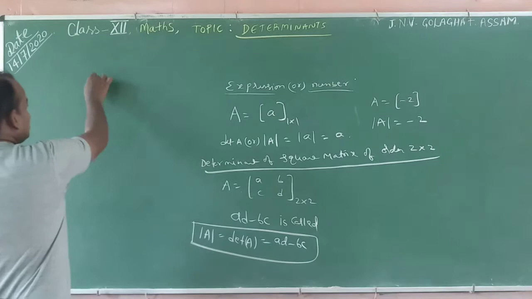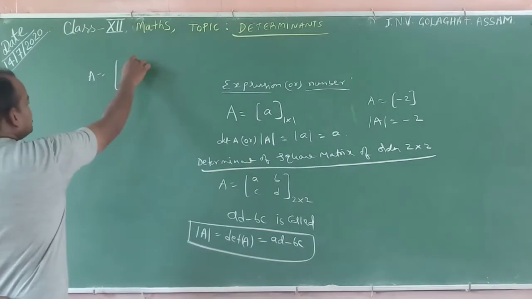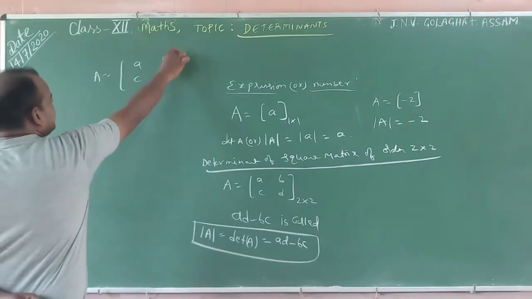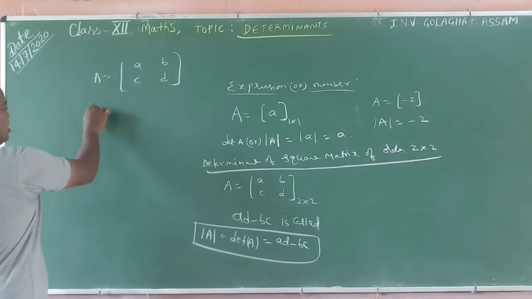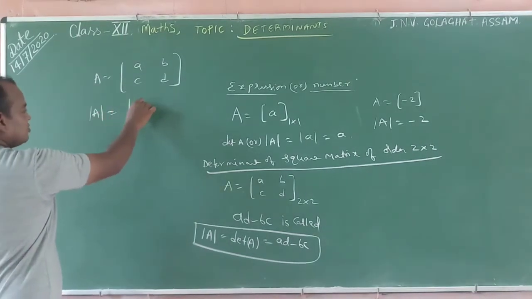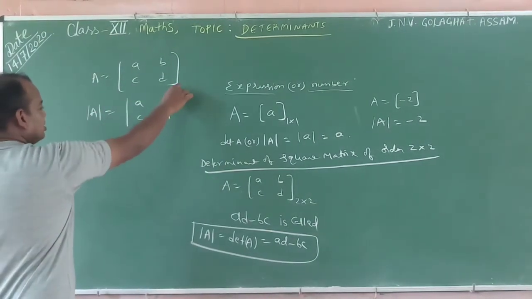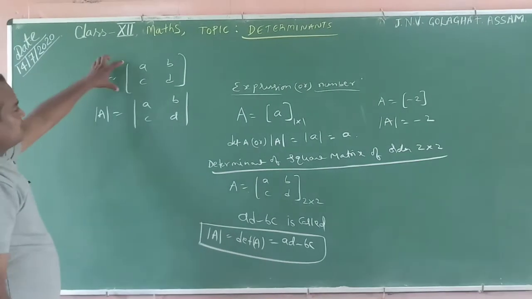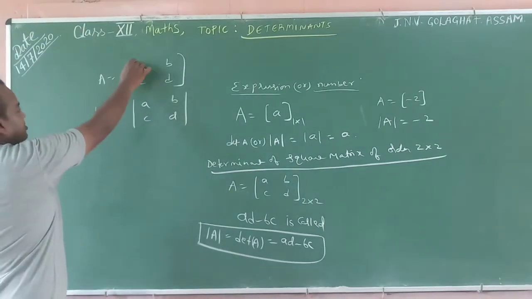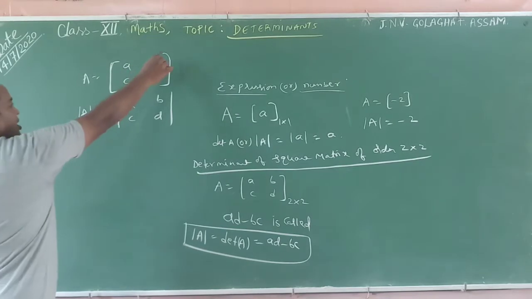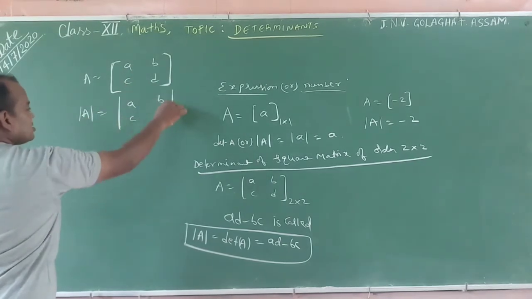How to find it? This is det A, you write the vertical bars of a, b, c, d. This is the matrix, this is the determinant. The difference we can observe: the matrix has closed brackets, the determinant has vertical bars.